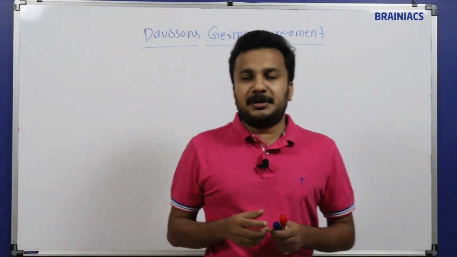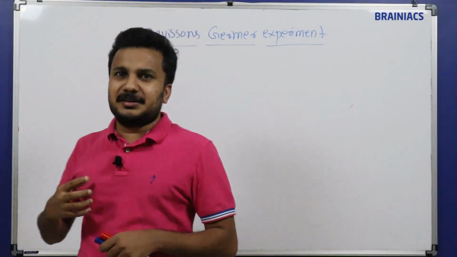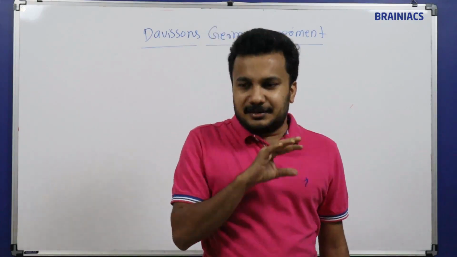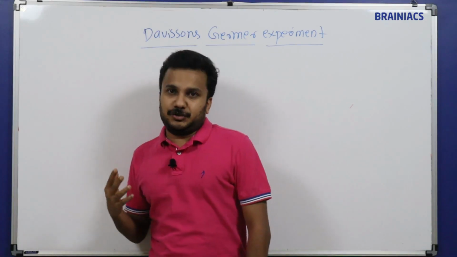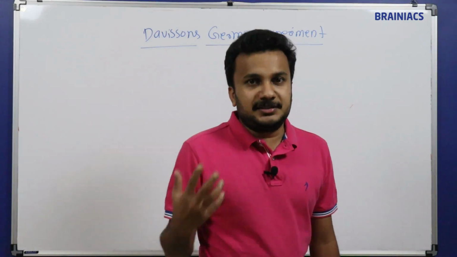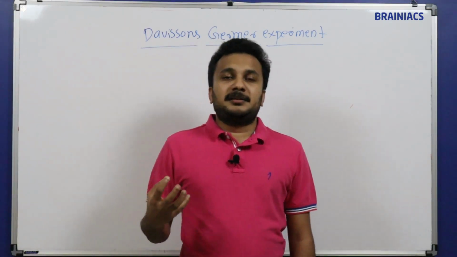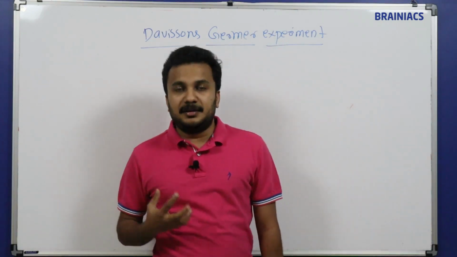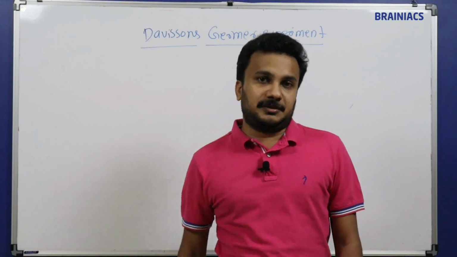Before going to the experiment, we already learned about the de Broglie concept. What does the de Broglie concept tell? In a plain way, de Broglie explained the wave nature of a particle. So it defines a parameter called wavelength. If any particle has a wavelength available, then we can say it is showing the wave nature of the particle.